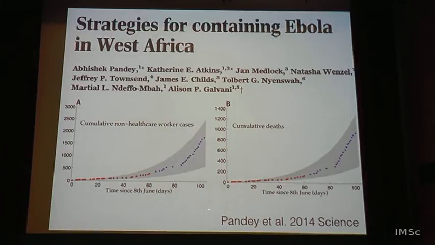Nonetheless, all the first papers that we saw, including papers in Science, were fitting cumulative incidence, and it's very difficult to understand what happened in the cumulative incidence curve. So here, for instance, the shaded area is the model forecast.